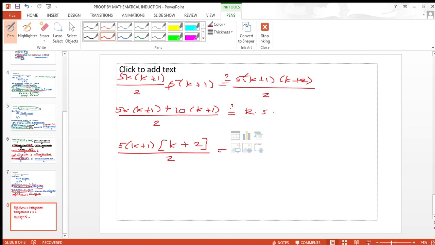And looking at the left side, you have 5 times k plus 1 times k plus 2 over 2, which is already exactly the same as the right side. Okay, and since that's already equal to the right side, then we're done with the proof.